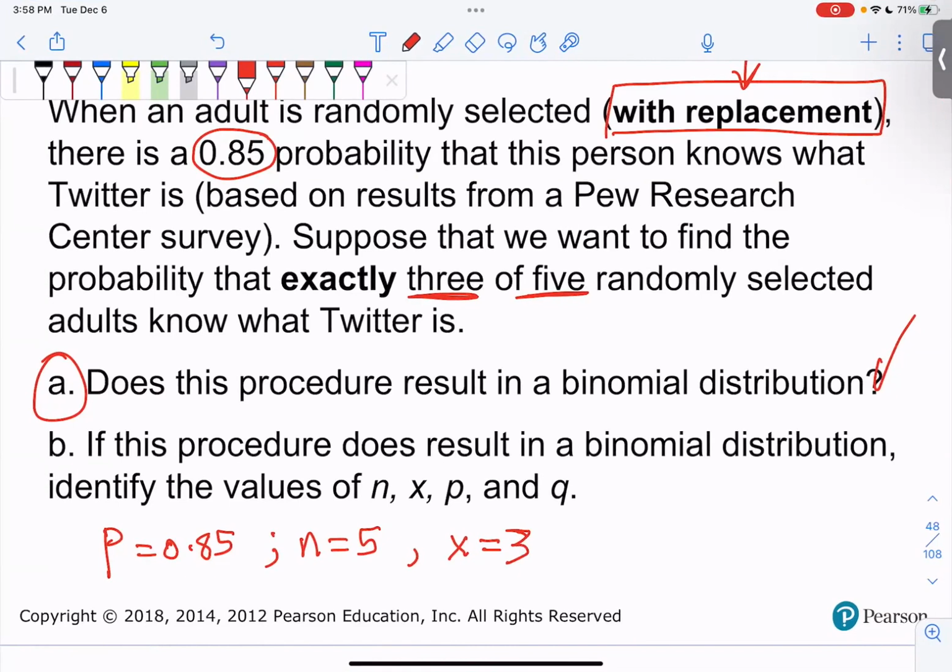They ask you exactly 3 out of 5, so 3 is x. And then we have q. q equals what? The probability of failure, which is?